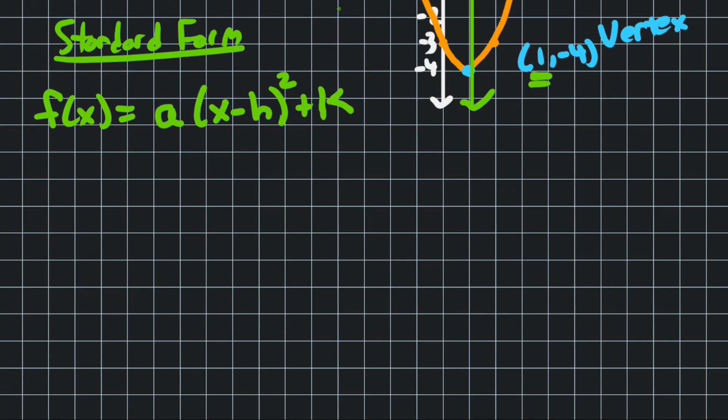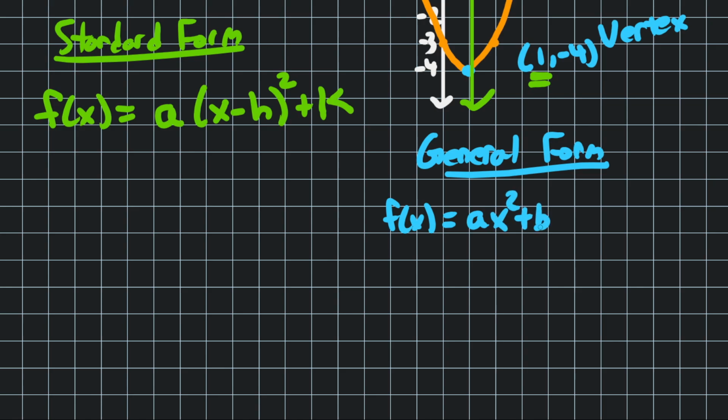And let's also write down the general form. The general form for a quadratic function is f of x equals ax squared plus bx plus c. We're already familiar with the general form. That is a quadratic function because it has a degree of 2, and it follows this general form.